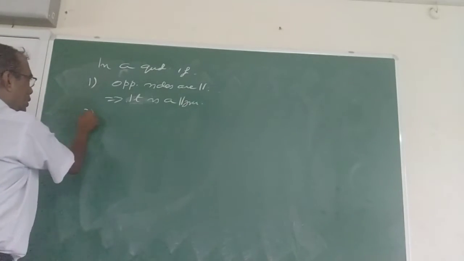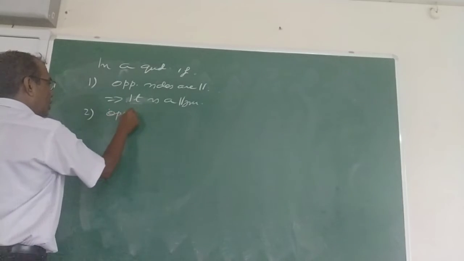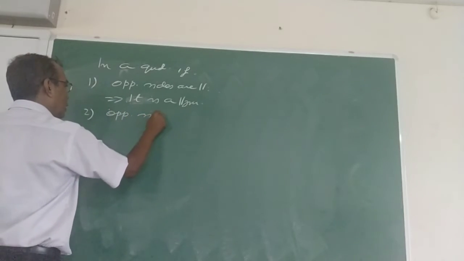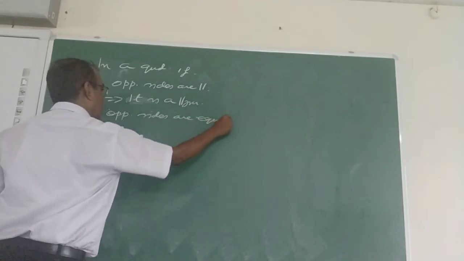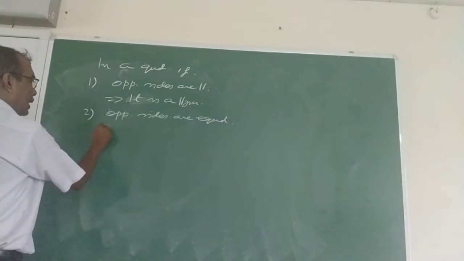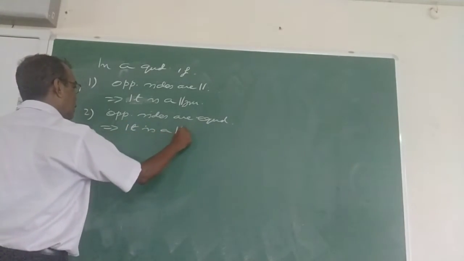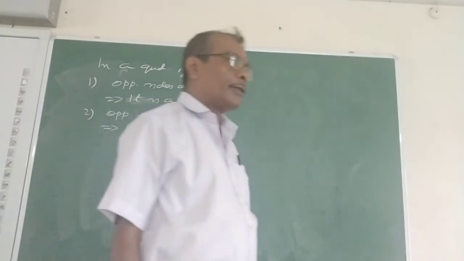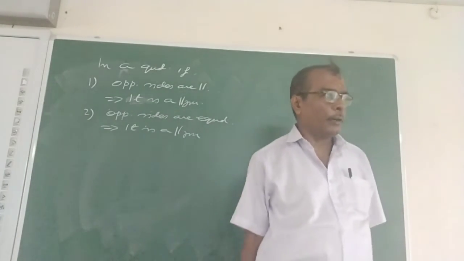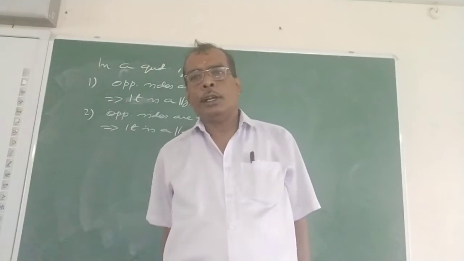Number 2, if opposite sides are equal, then it is a parallelogram. Suppose in a particular question it is given that the opposite sides of a quadrilateral are equal, then blindly you can say it is a parallelogram.